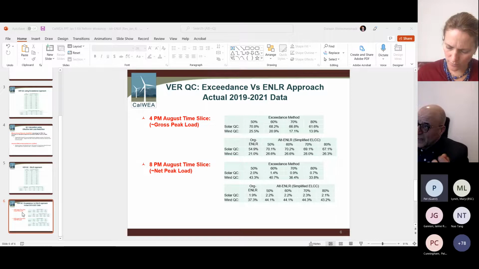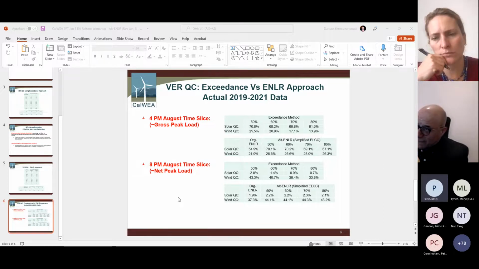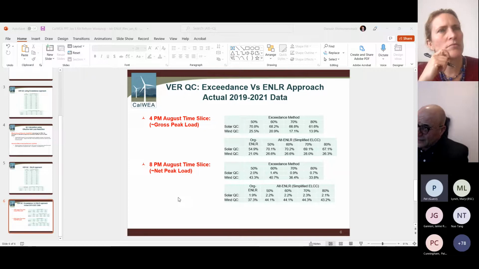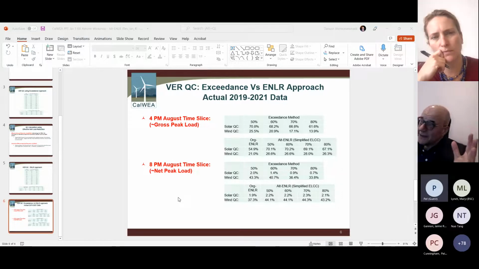And as we have said before, we definitely need to know things from bottom up in order to identify allocations, whether it's QC or a shortfall and so on. And also we need from top down to see how much system capacity we need.